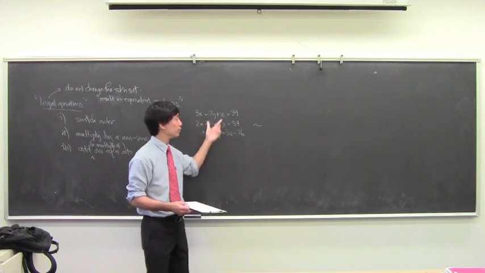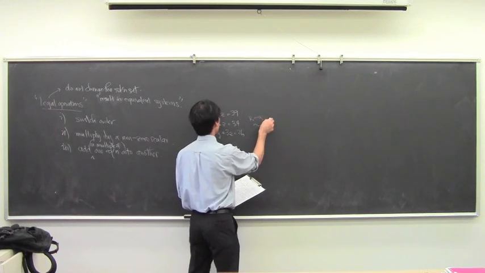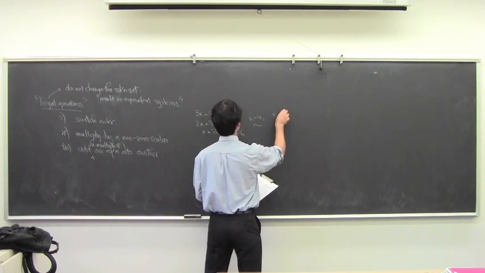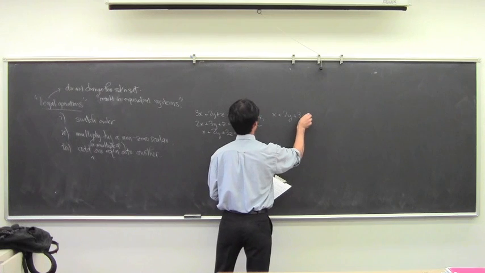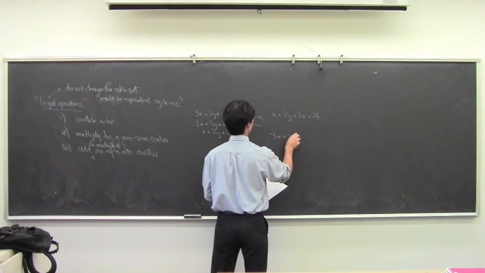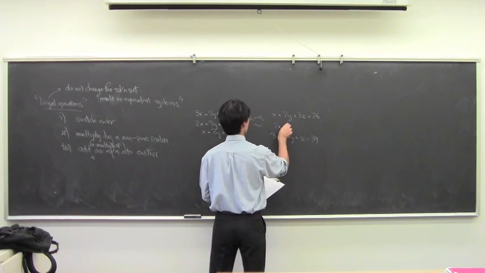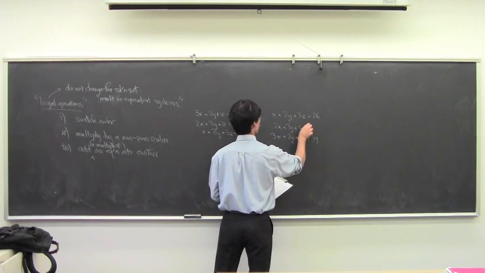So I'm going to switch rows 1 and 3. Let me write this row 1. I'm going to switch with row 3. 3x plus 2y plus z equals 39. 2x plus 3y plus z equals 34.